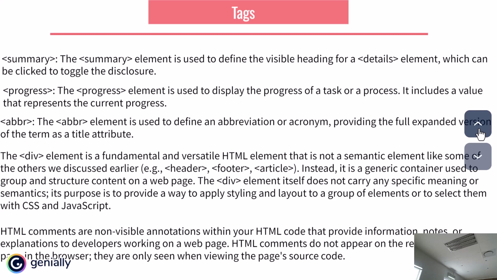Its purpose is to provide a way to apply styling and layout to a group of elements or select them with CSS or JavaScript. Okay? So basically, it's like an article, but instead of having a clear purpose, it's more generic and a group of different elements.